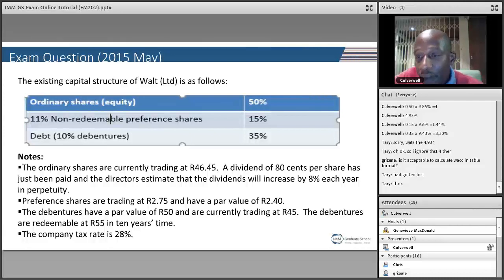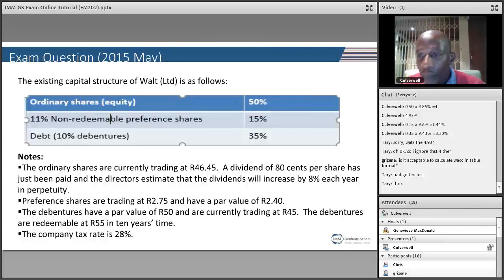Well, yes, ignore the 4. In actual fact, it was a typo. It is the 4.93 instead. Yes, you can use, in actual fact, that's the perfect way: calculate your WACC in table format, and they always give you one. If they don't give you one, you can just list your sources, ordinary shares, preference shares, debt, and bring the second column as the weights.